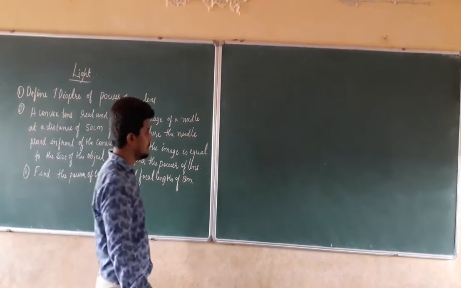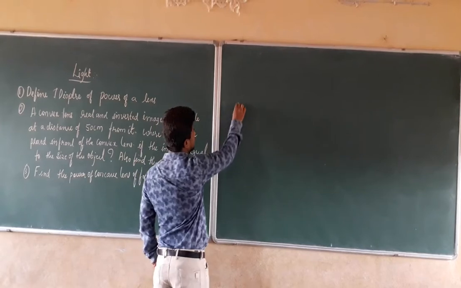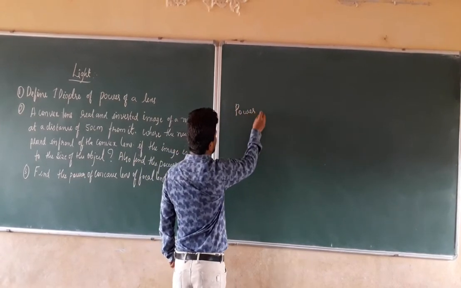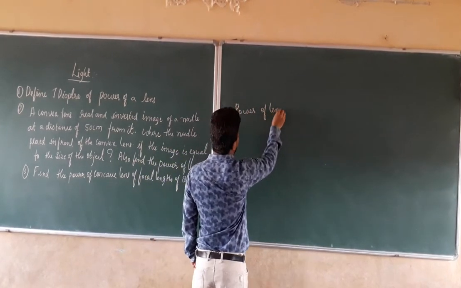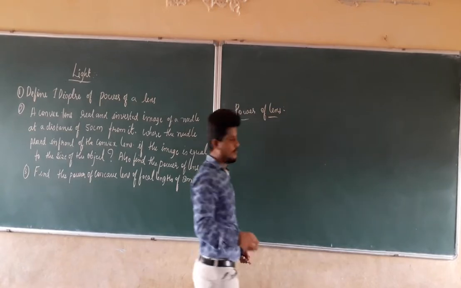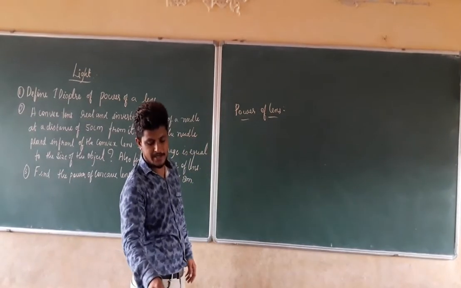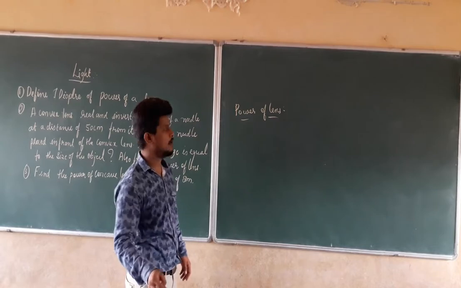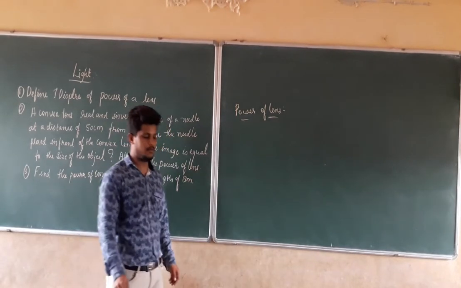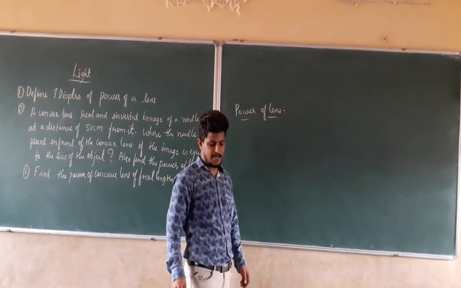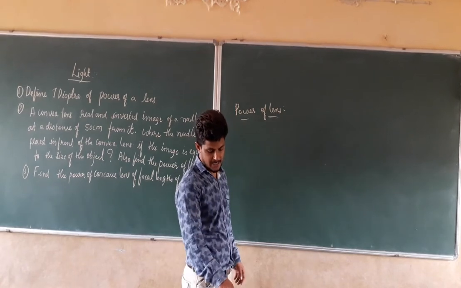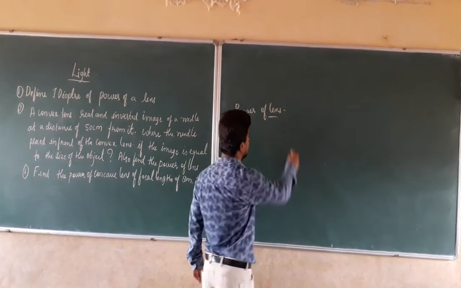That parameter is nothing but the power of the lens. Power of the lens is used for calculating and checking the extent of the convergence and divergence in the lenses.